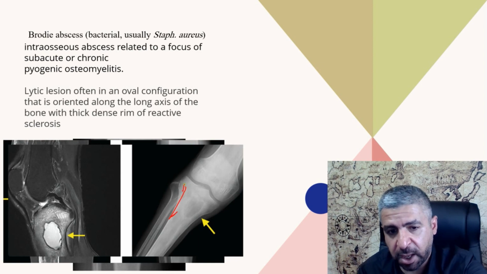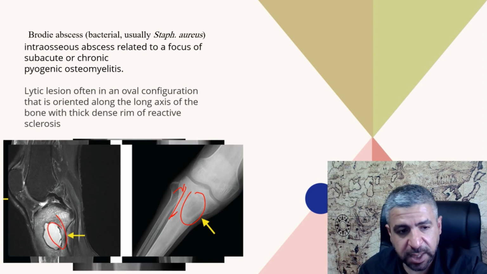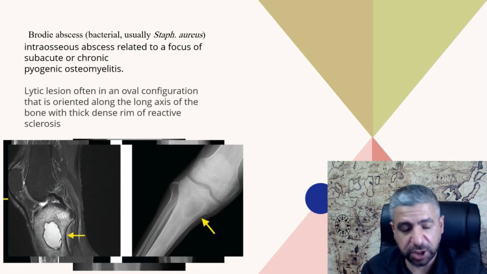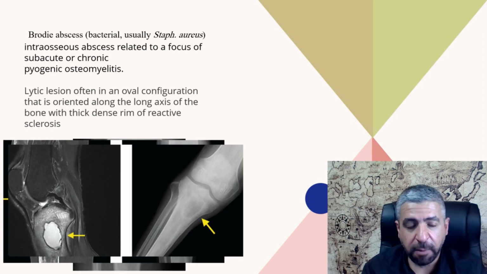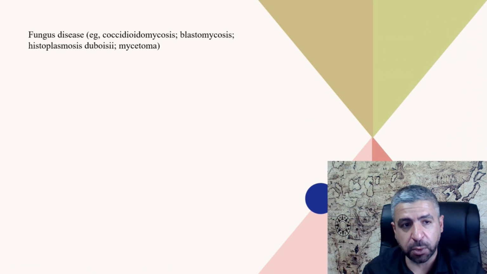It's oriented along the long axis of the bone, has a sclerotic margin, and you can see here on the MRI it's fluid content with marked surrounding edema, confirming this is an inflammatory or infectious bone lesion of chronic pyogenic osteomyelitis, also known as Brodie's abscess.